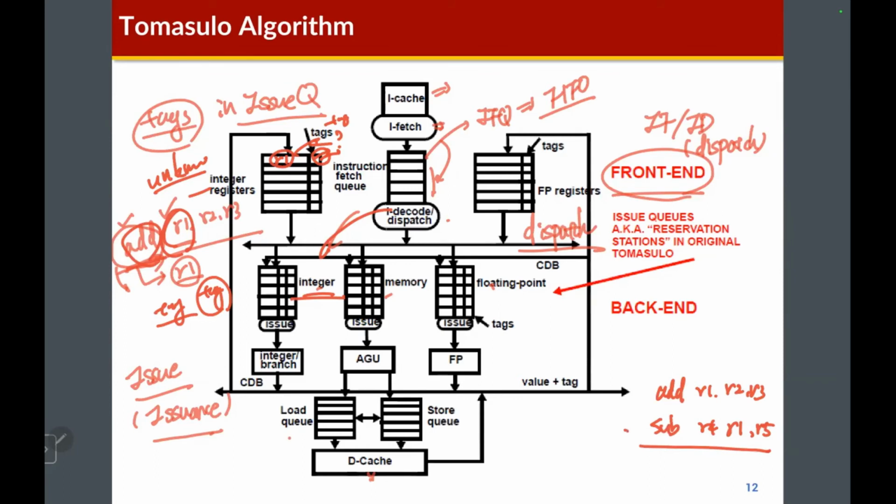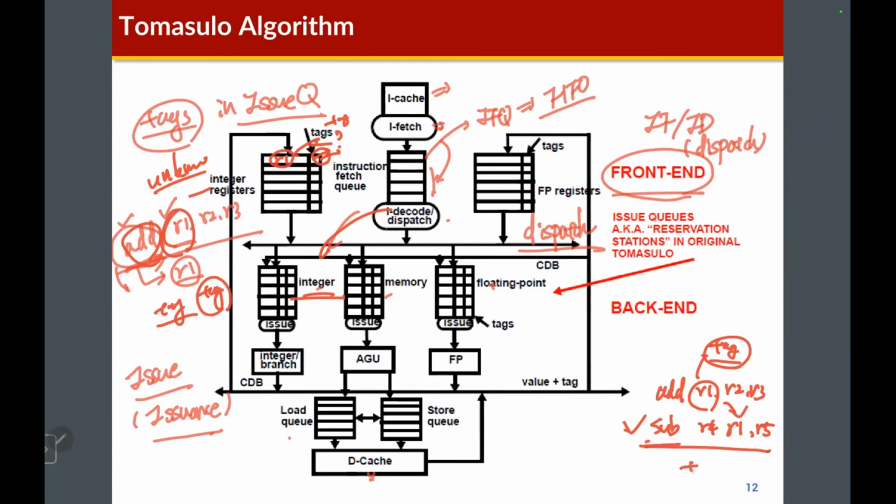When the register file is checked, we find that we need to use R1 for this sub instruction, but R1 is not ready in the processor; it has the tag. So this sub instruction is dispatched.